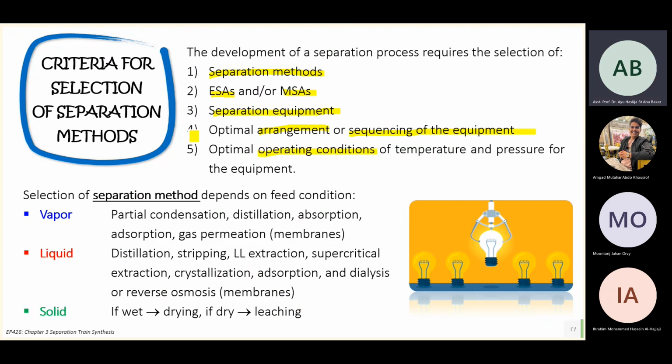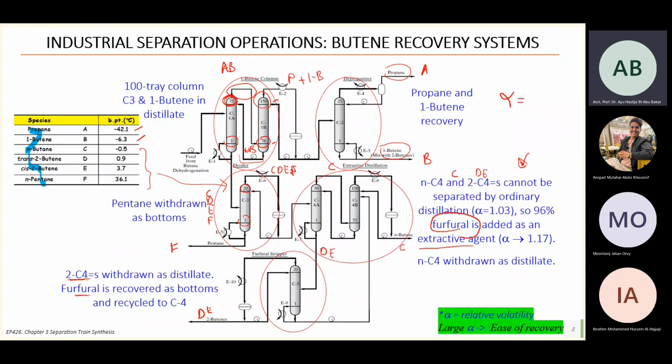For number 4 over here, optimal arrangement or sequencing. From here, you see the sequencing. First, it removes A, B, C from D, E, F. Then it removes A, B, then the rest. That is the sequence. That means which one is to be separated first.